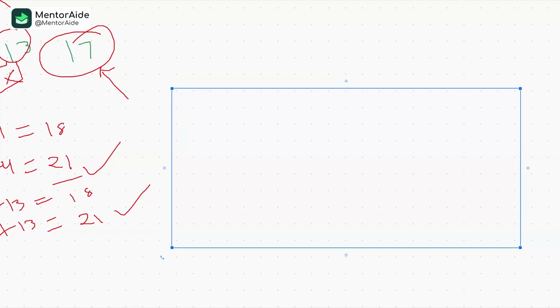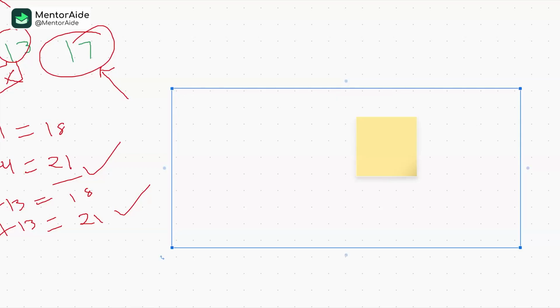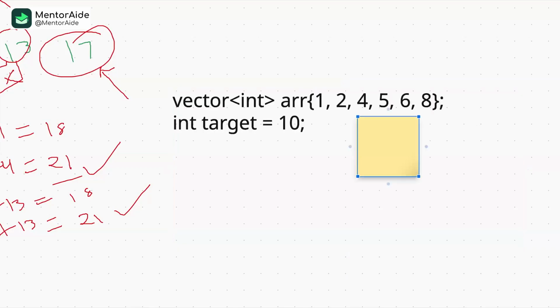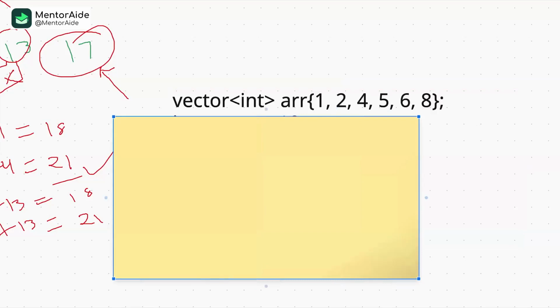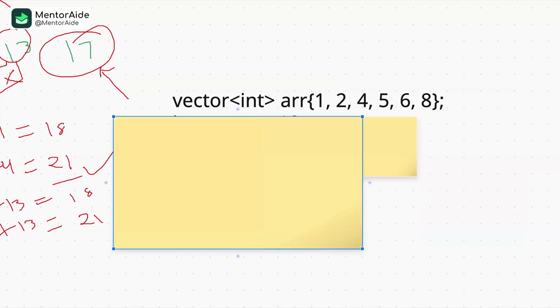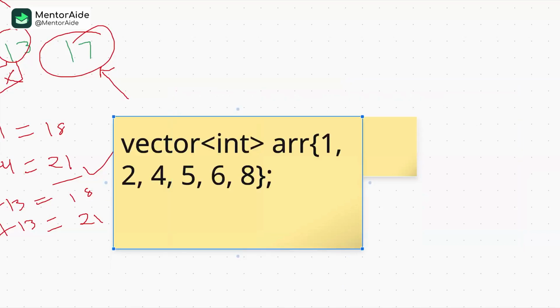I don't know why. Let me try out some other things. Are you able to see the sticky notes which I just added? Is the code visible there, whatever I'm writing? No, sir. There is an issue with this tool itself. If I'm editing it, then it goes visible.